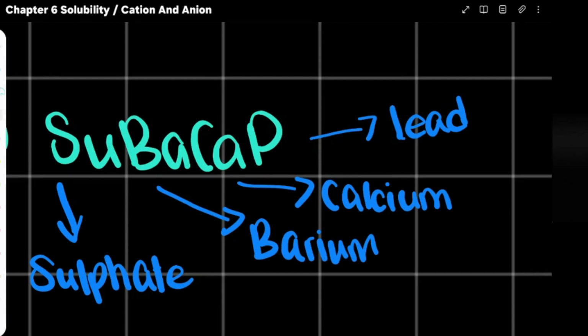Fahim got A plus, A, B plus, Bahasa Melayu B plus, Sejarah A plus, Physics A minus, Kimia B plus. Chemistry B plus, but Physics A minus.